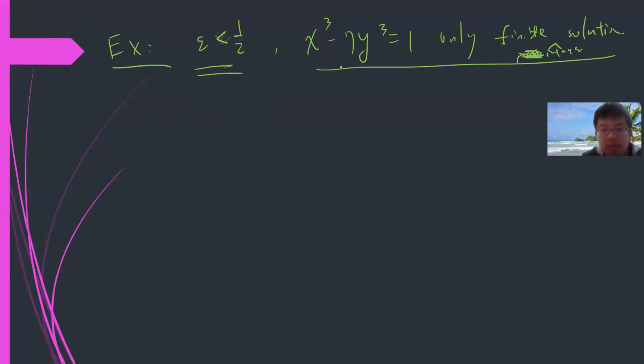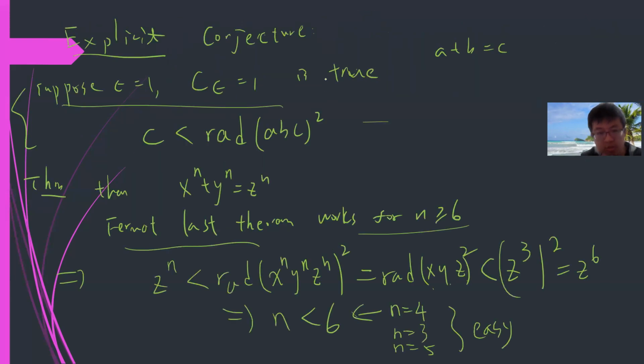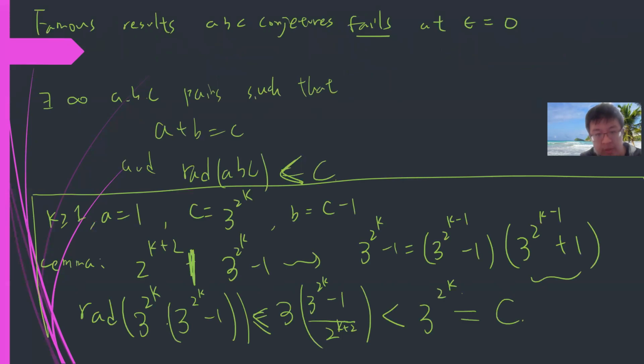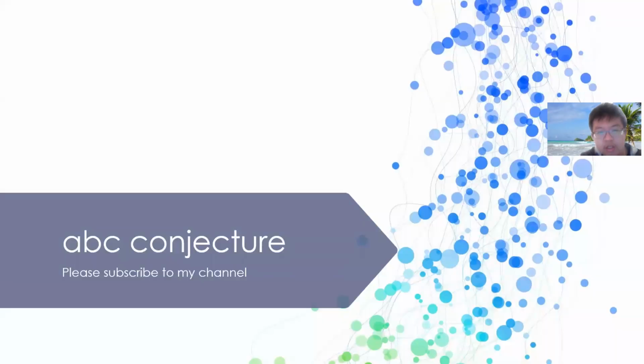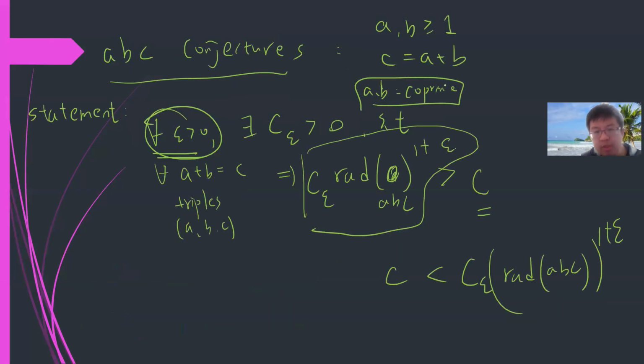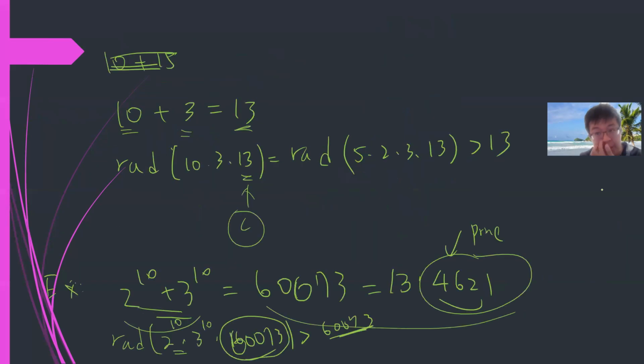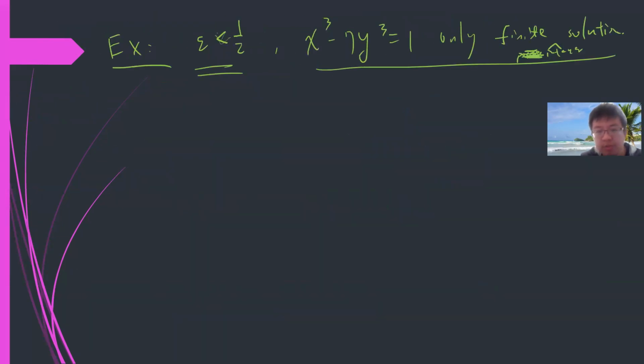I can write, by the way, one main modification in the ABC conjecture is that if a plus b, if you don't make it positive, then you just need to change this c to be the maximum of a, b, c. Okay, so basically you can just make this change, and the ABC conjecture should hold for all integers.